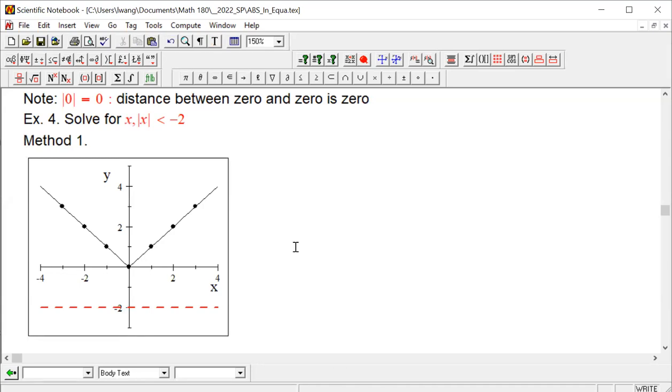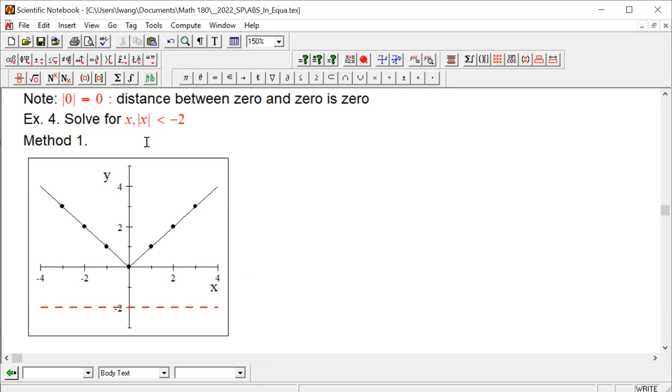What does that mean? Do you think there's any input whose absolute value is going to be less than -2? All of these absolute values will be higher than -2. Therefore, there's no solution.